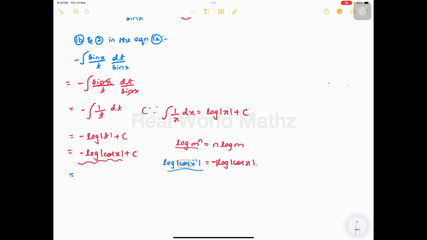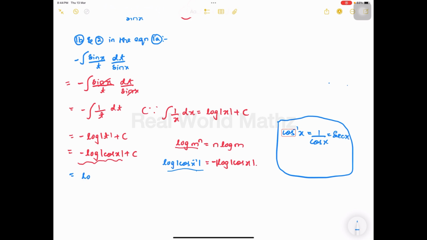For your understanding you can call it minus 1, but it's actually cos inverse. Cos inverse is nothing but 1 by cos x, and 1 by cos x is nothing but secant x. So let's write it in two steps.